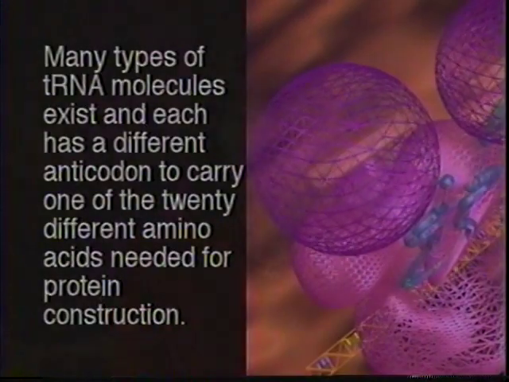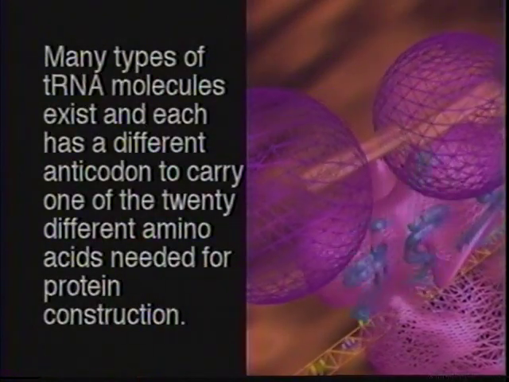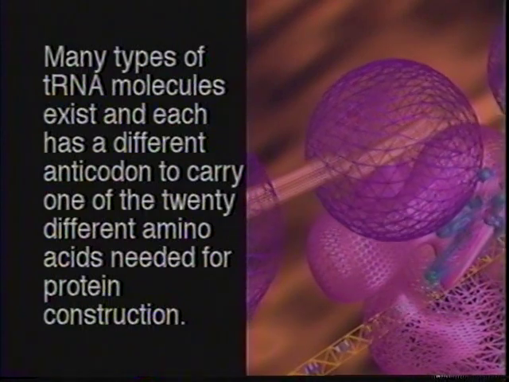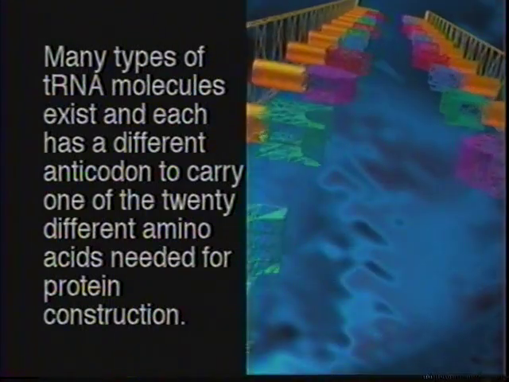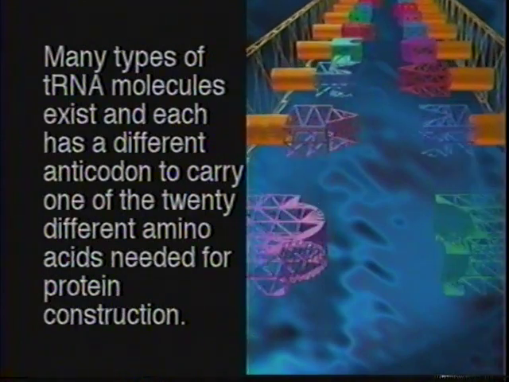Only a tRNA with a specific anticodon can pick up a specific amino acid. Many types of tRNA molecules exist, and each has a different anticodon to carry one of the 20 different amino acids needed for protein construction.